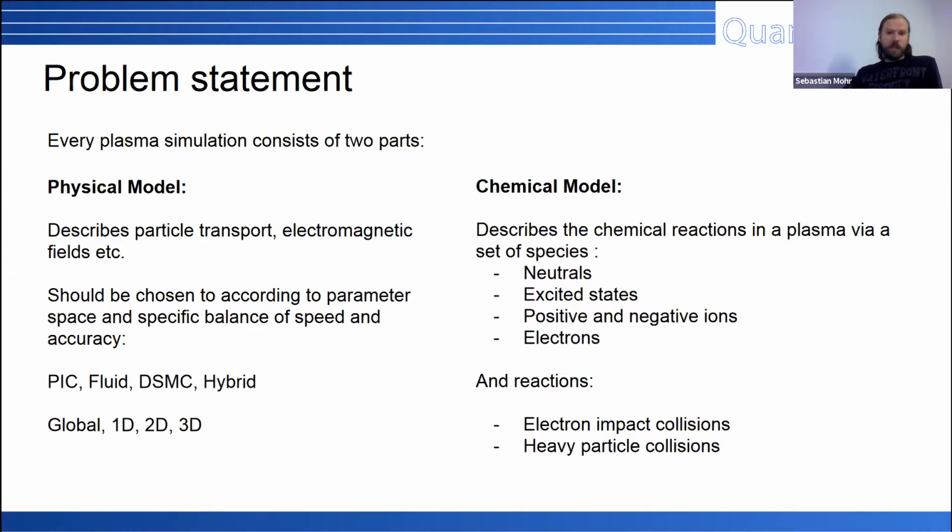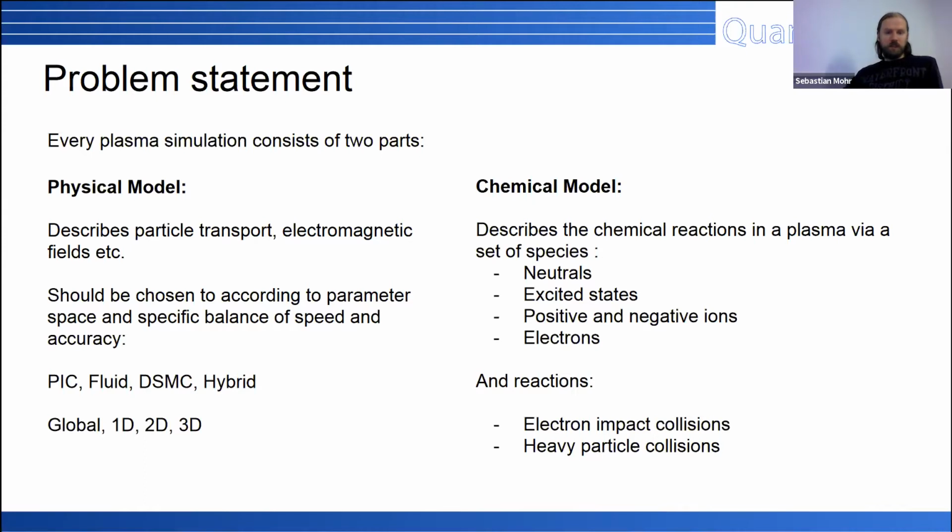One thing all these simulations have in common is that they also need a chemical model, which describes the chemical reactions in a plasma. This consists of a set of species, which can be categorized into neutrals, excited states, positive and negative ions, and of course electrons. The interaction between these species is then described by a set of reactions, which can be roughly categorized into electron impact collisions and heavy particle collisions.